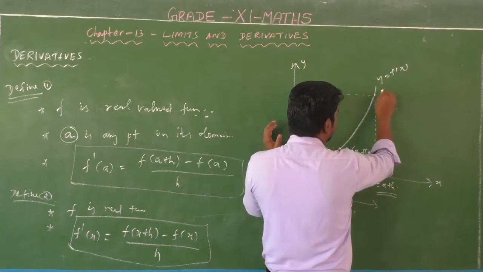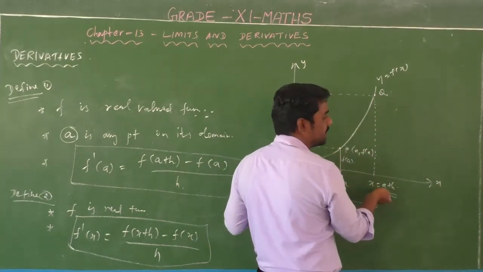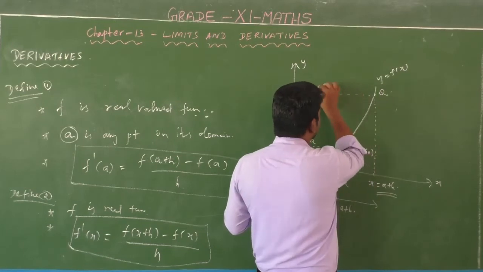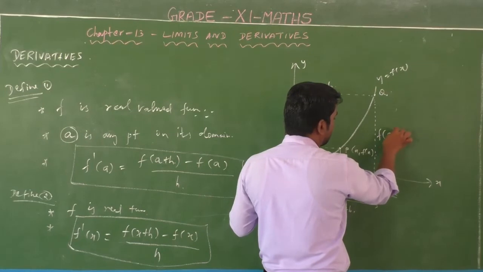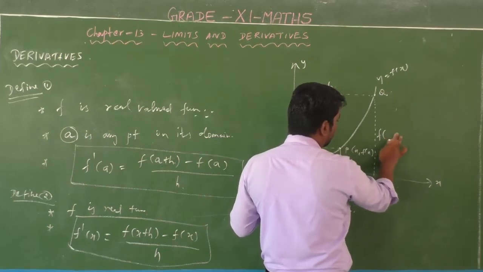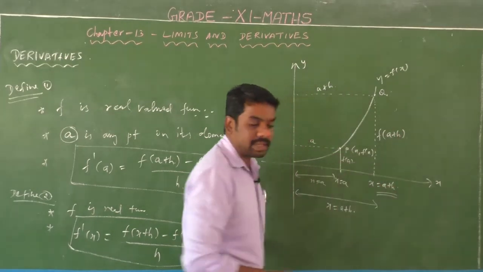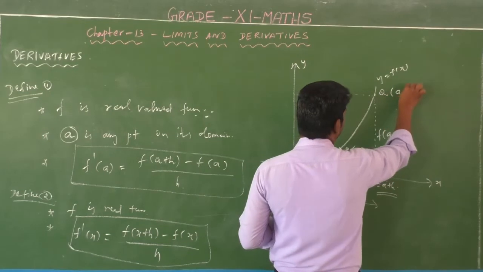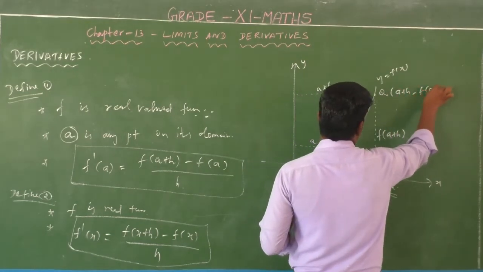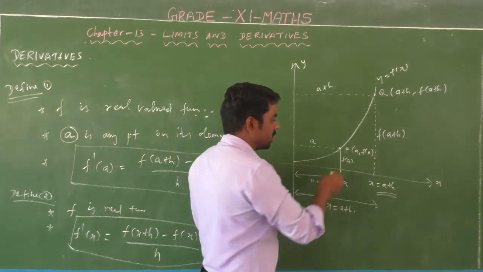This point is considered as Q. So the x coordinate is a plus h and the y coordinate is f of a plus h. So this point Q is a plus h comma f of a plus h.